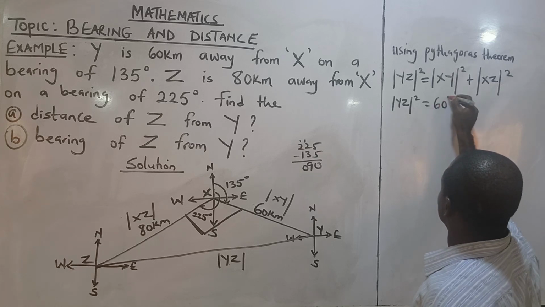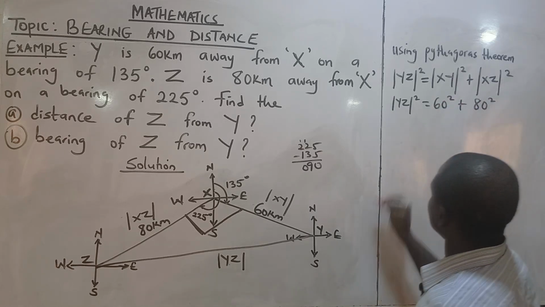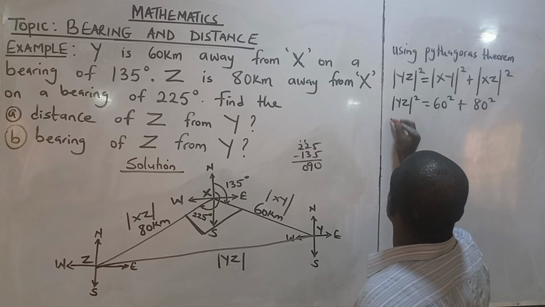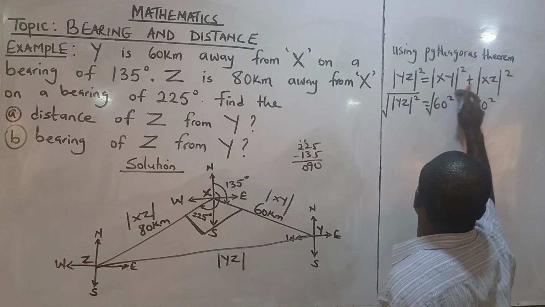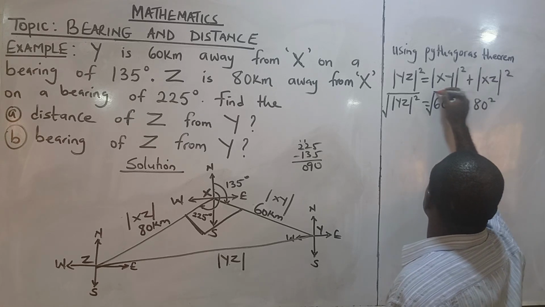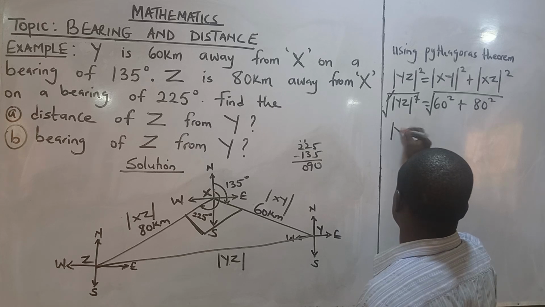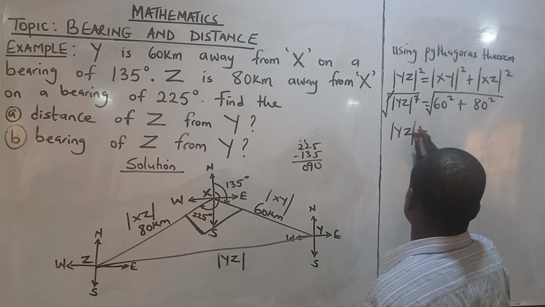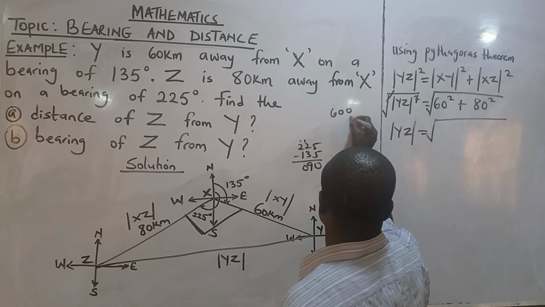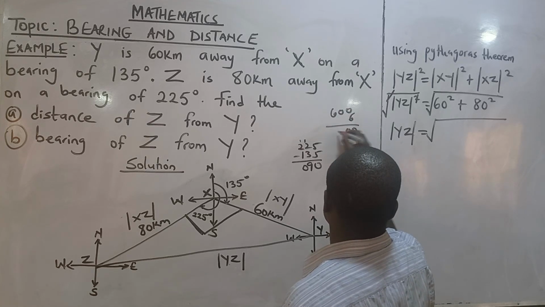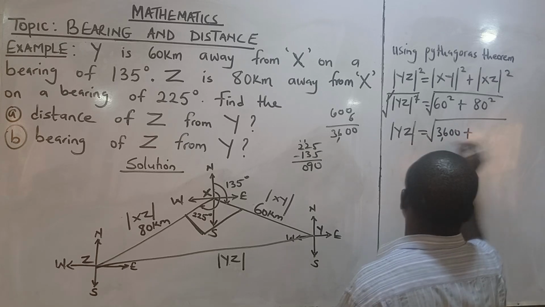That's 60 squared plus xz, 80 squared. Find the square root of both sides. The square root and the square cancel, and I'm left with line yz equals 60 squared, 3,600, plus 80 squared.